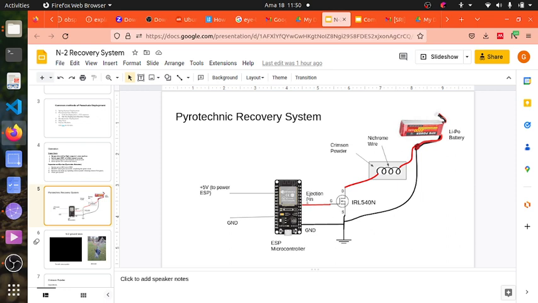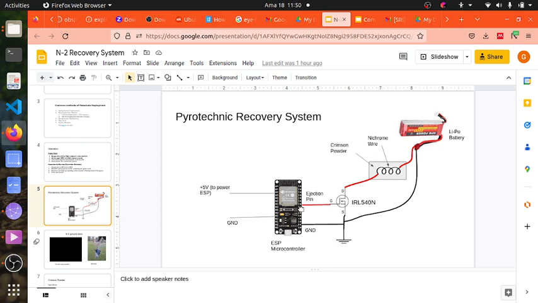At the ejection pin, these lines I have drawn touching the image of the ESP controller do not mean that the ground is this pin. No, I've just drawn an abstract representation of how you would connect it to the ESP32.